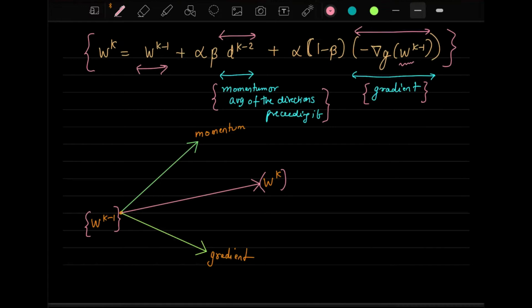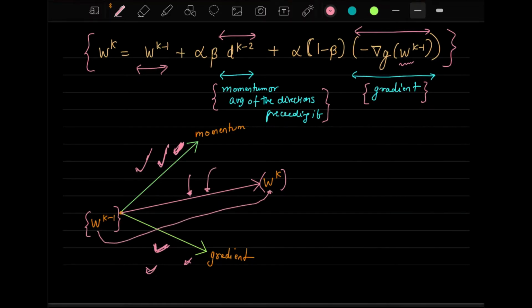In that situation, it considers two vectors. One is the momentum vector, another one is the gradient vector. Based on the magnitude of these two vectors, it generates this vector, which is this one, to move from Wk minus 1 to Wk.